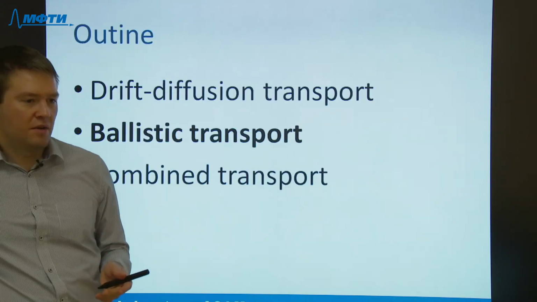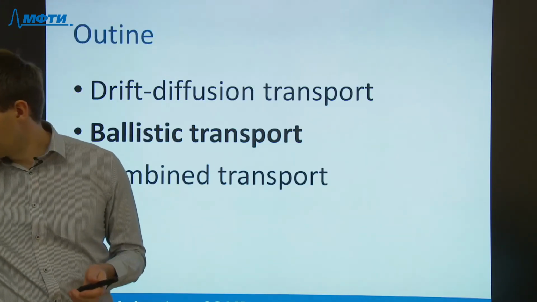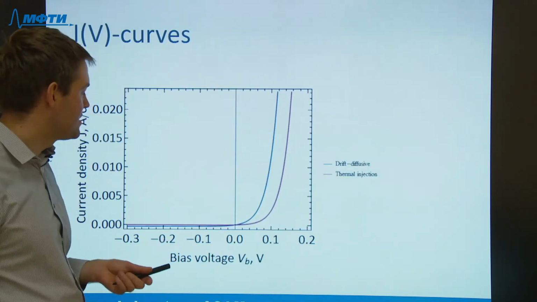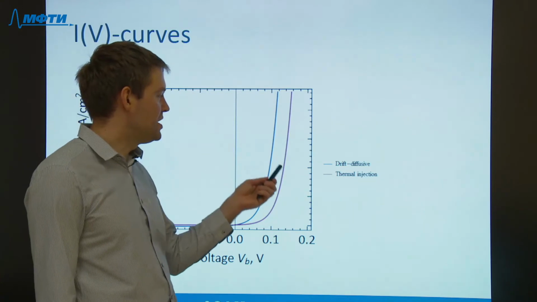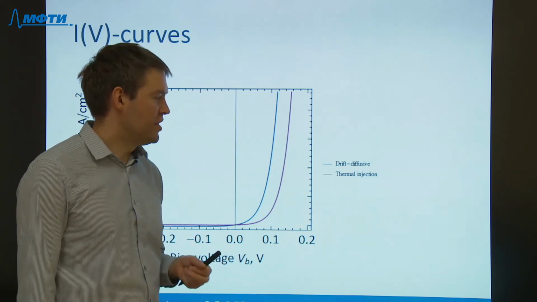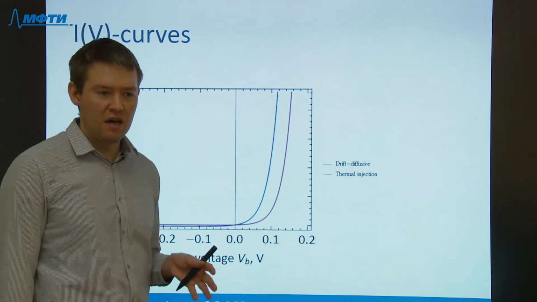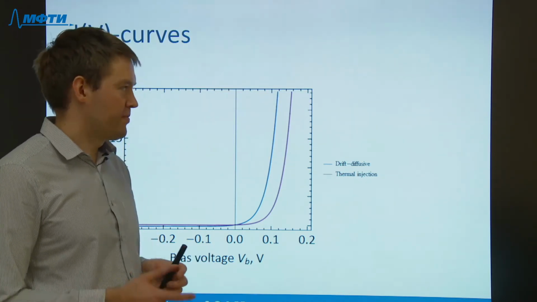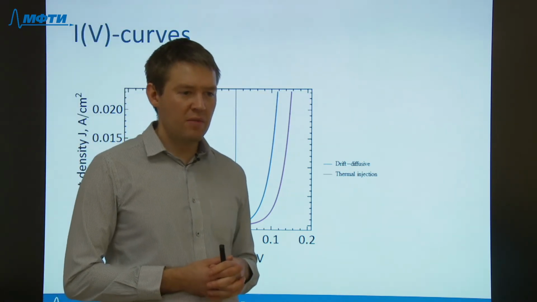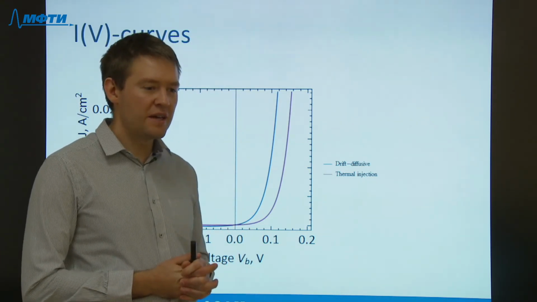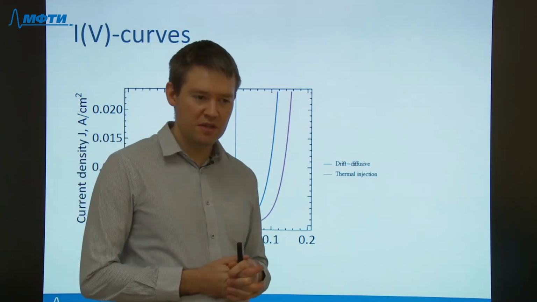Definitely when you substitute the parameters, for example for silicon, typical mobilities, typical doping densities, you will obtain two different results for the drift diffusive and thermal injection models. I hope you will be able to answer which of the models is correct in which situations.